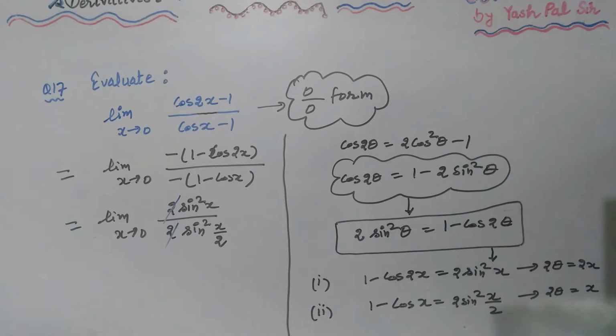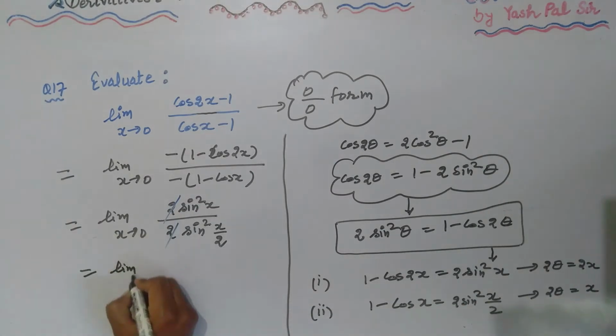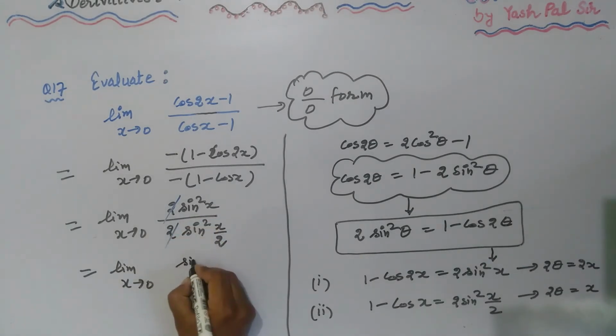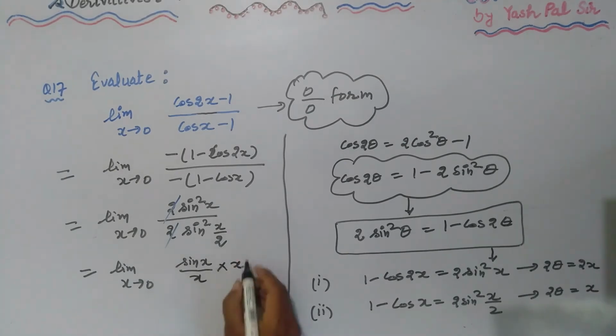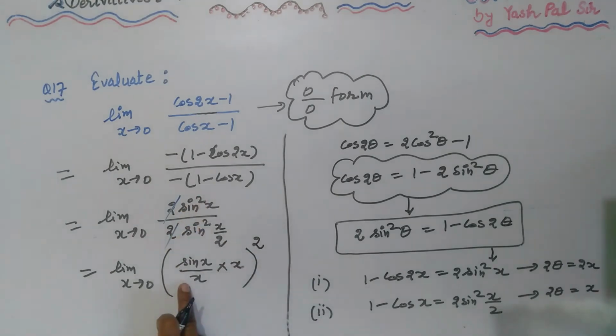In the next step, limit x approaches 0, sine square x we can write as sine x upon x into x, its whole square. Sine square x divided by x multiplied by x, there is no problem.